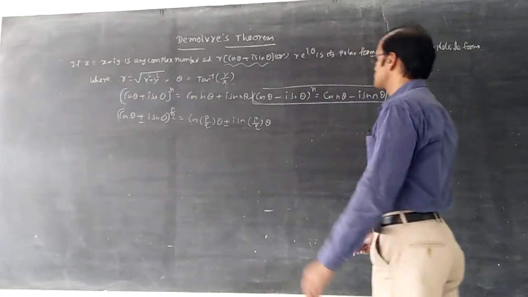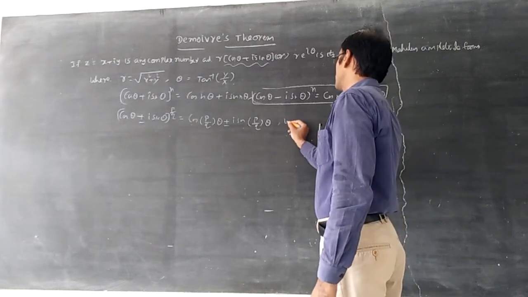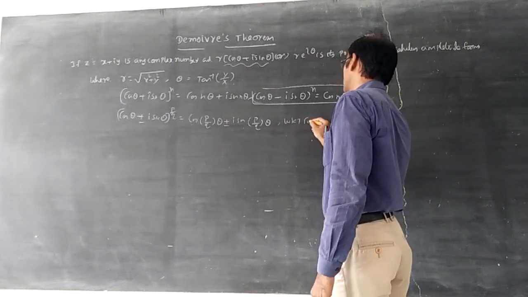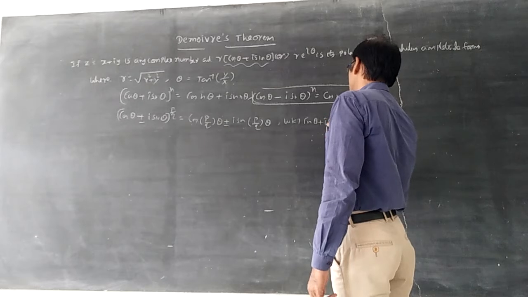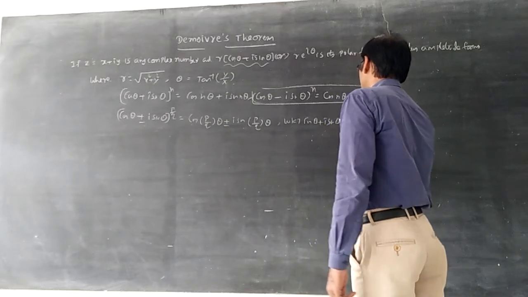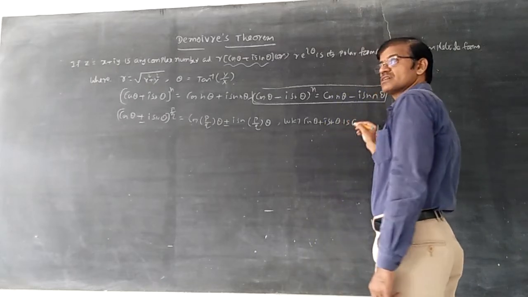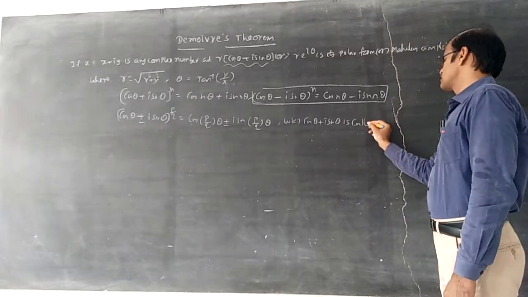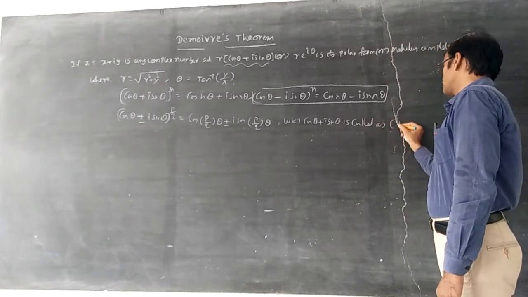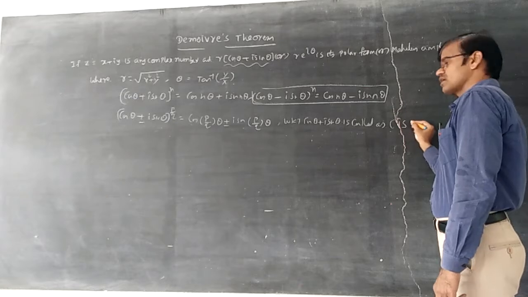Cos theta plus i sin theta is called cis theta, c capital i small s.